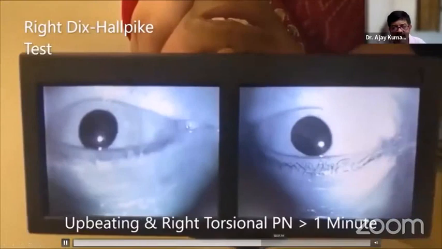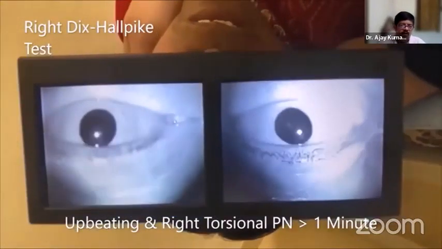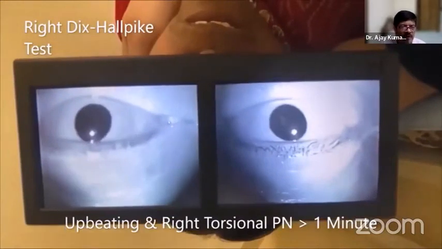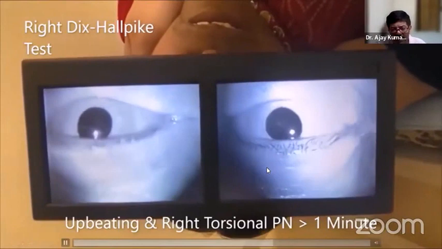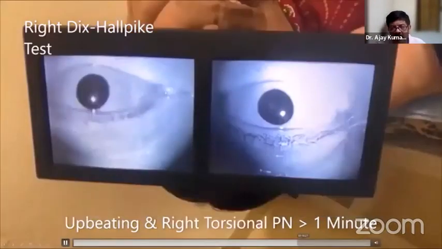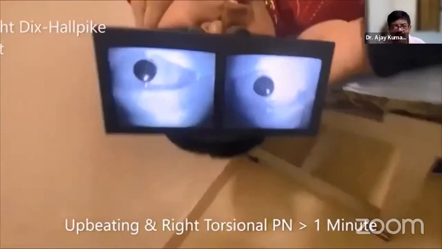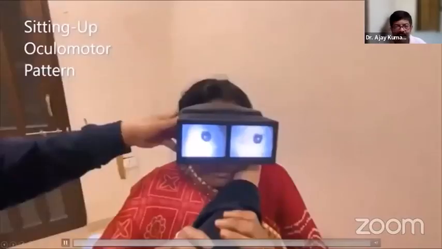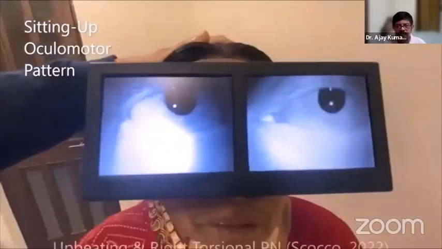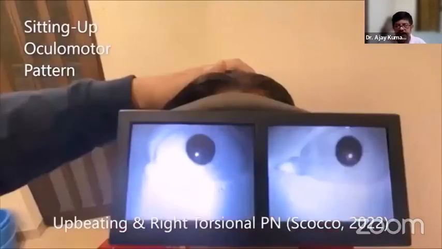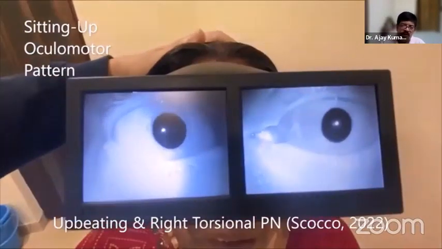Why did we do the Dix-Hallpike test? Because we wanted to observe the oculomotor patterns on sitting up from the right Dix-Hallpike. So after 1 minute, she was uprighted, and there it is. You can see an upbeating nystagmus, which is right torsional.